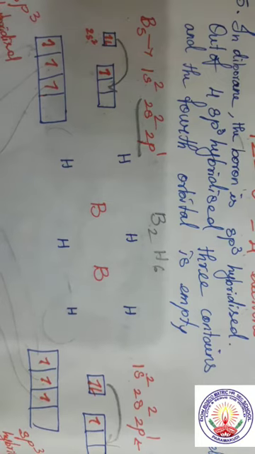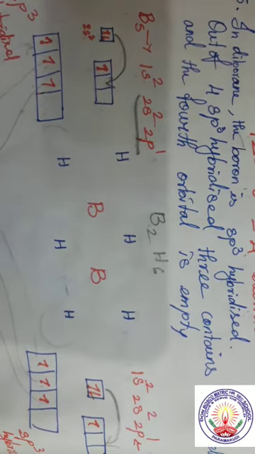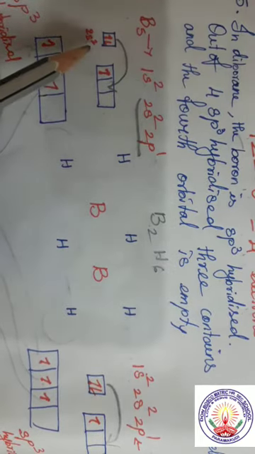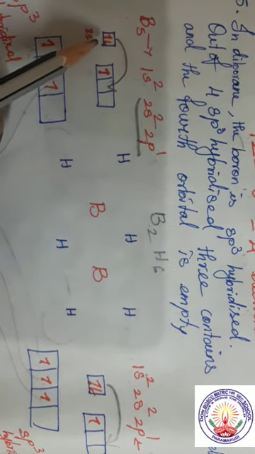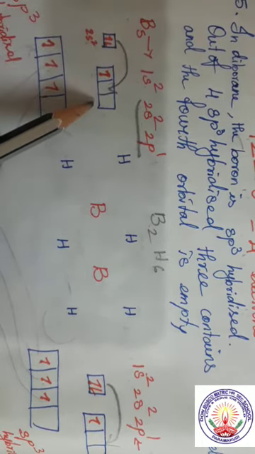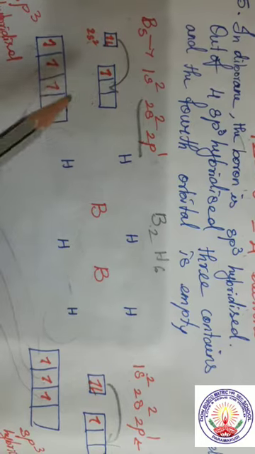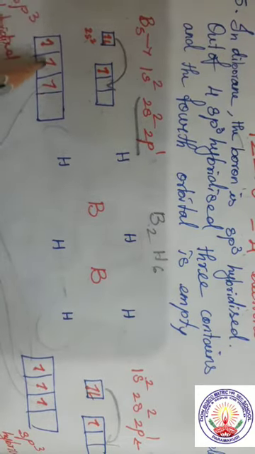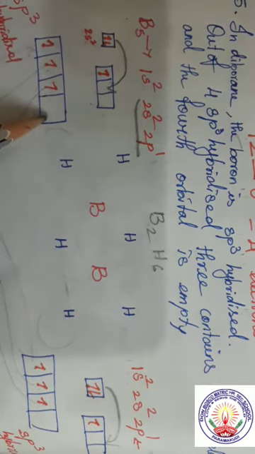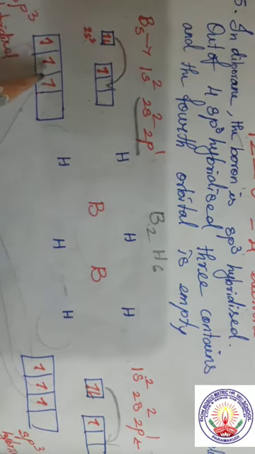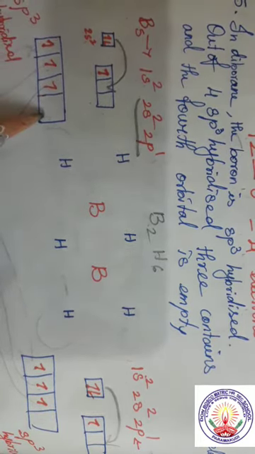Now during chemical combination, this 1 s orbital and 3 p orbitals combine. That is why we get 4 orbitals: 1, 2, 3, 4. So 1 s orbital and 3 p orbitals give sp3 hybridization.